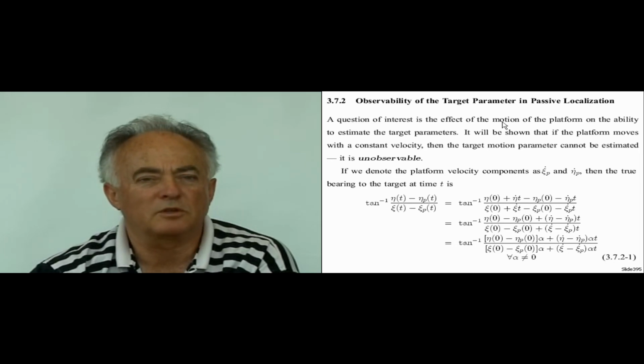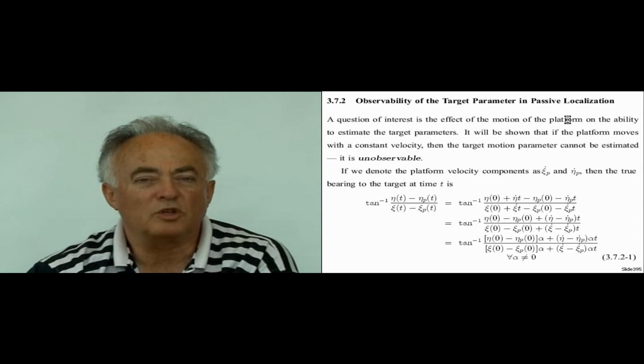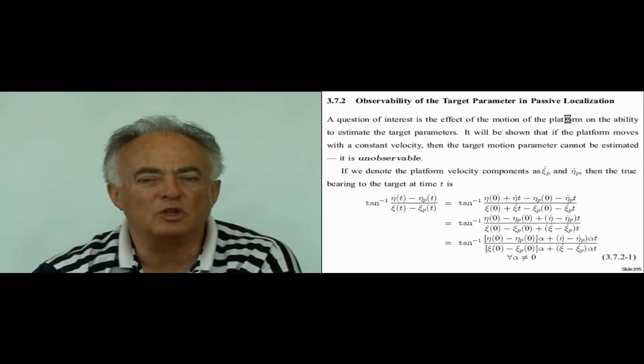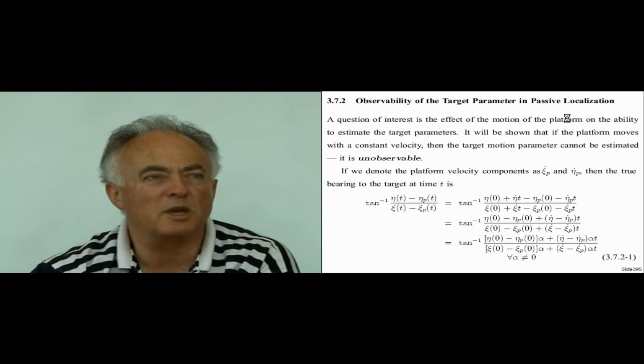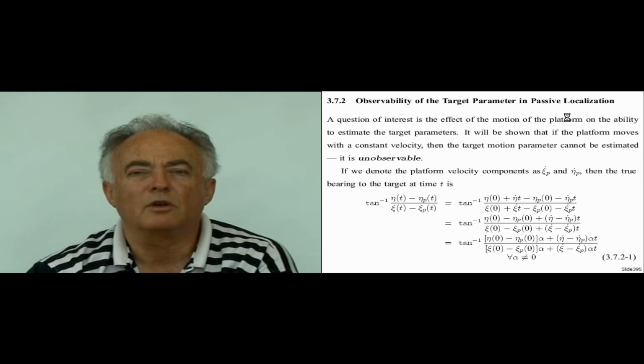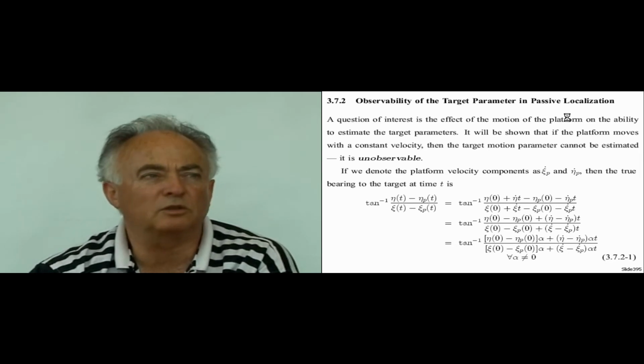Up to now we said we know where the platform is, psi p, eta p at time k. But the question is, what should that be? Not only known, it turns out there will be some requirements on the platform motion in order to be able to estimate the motion parameters, the four-dimensional vector of the target.